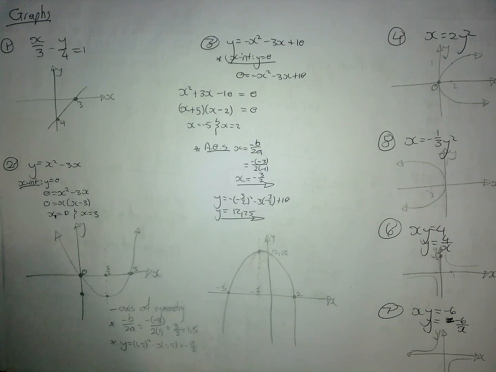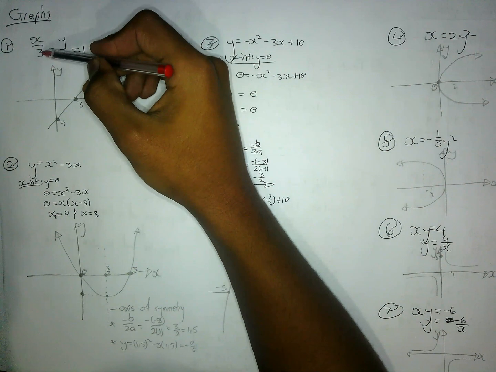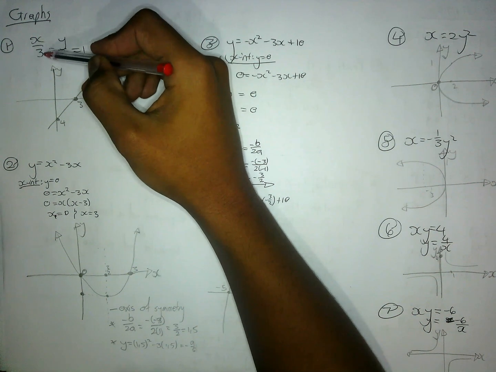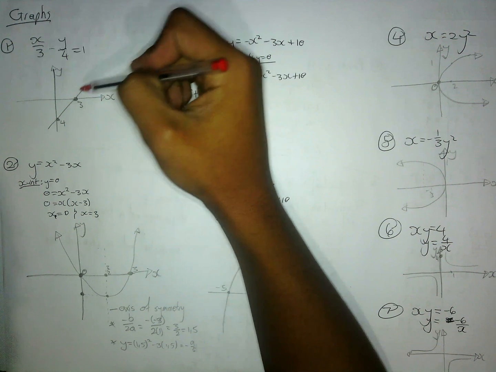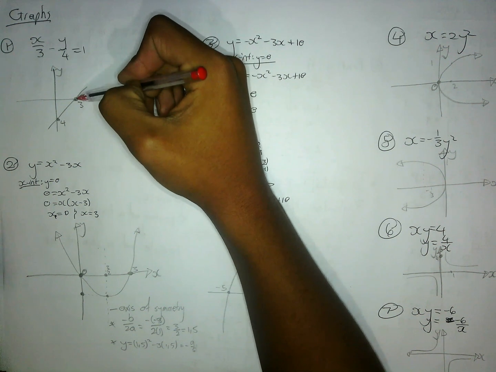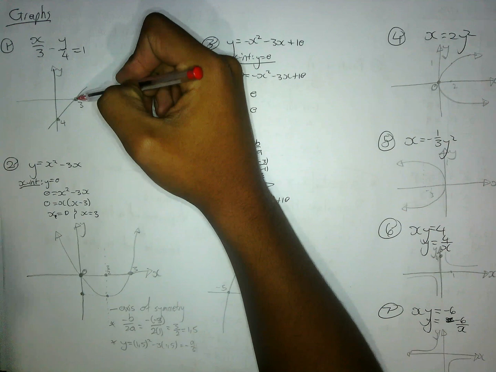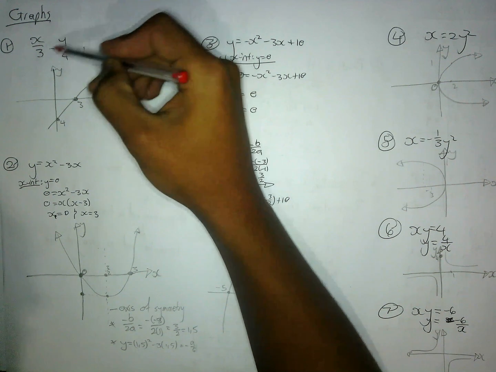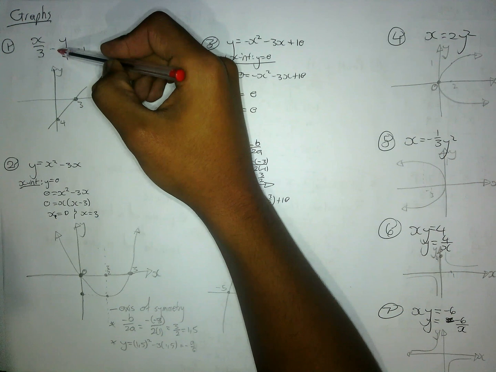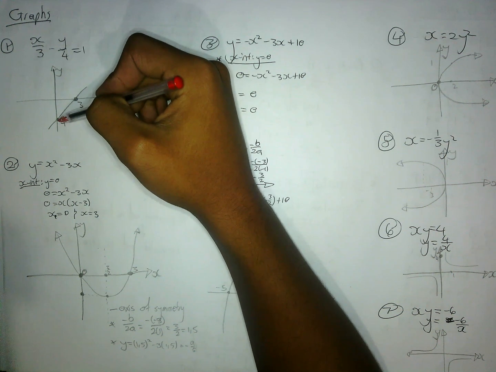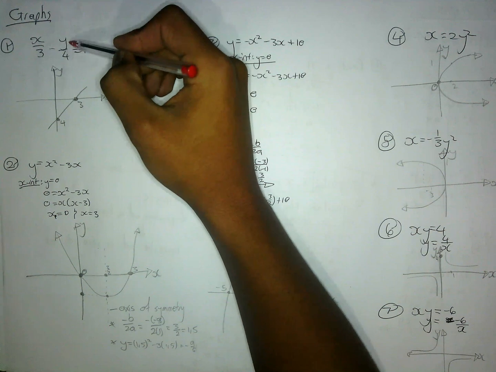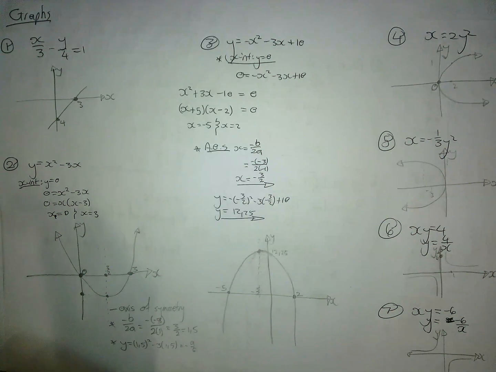There are ways to determine all these things, but it's very straightforward. We just substitute 3 as x, so it's on the x-intercept, on the x-axis. Y over 4 has a negative in front, so it's going to be under the graph, and 4 is y, so we put 4 on the y-axis.